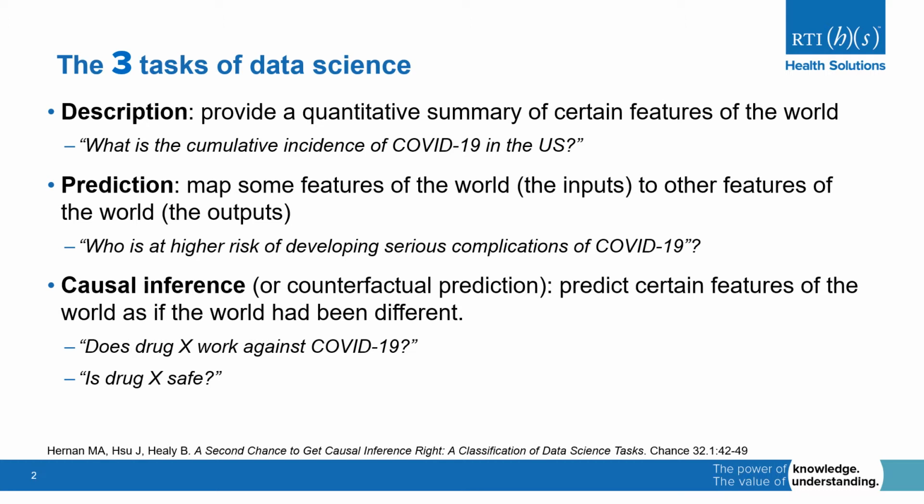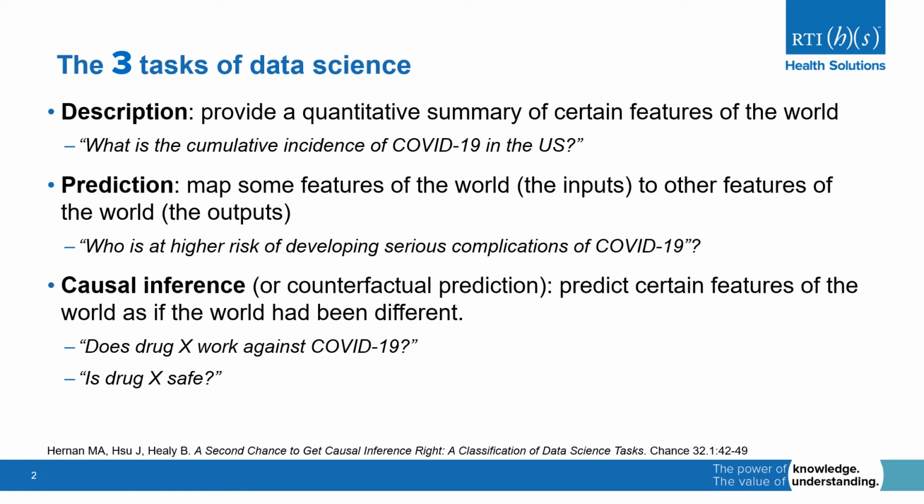The main difference with prediction is that in the first example, I might estimate that age is a risk factor for having complications of COVID-19, but I cannot change an individual's age to prevent complications. On the other hand, in causal inference, if I estimate that drug X is effective for preventing complications, I can decide whether or not to use that drug to treat patients.